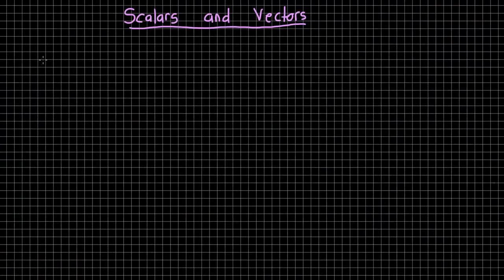We're going to talk about scalars and vectors today, two very important quantities that are used in measurement in physics. Let's consider first of all scalars. Scalars are quantities that we use every day. You would be quite familiar with some of these.